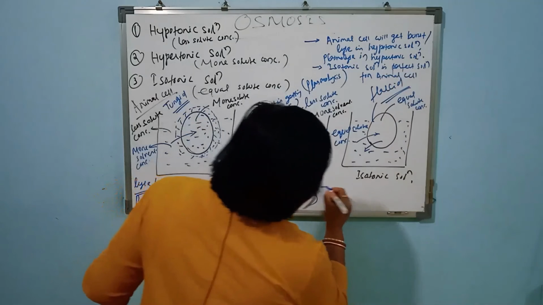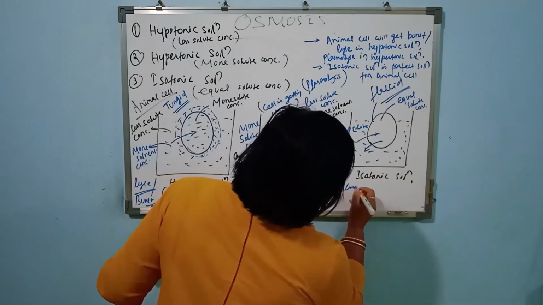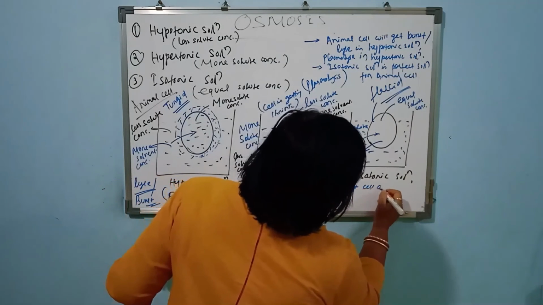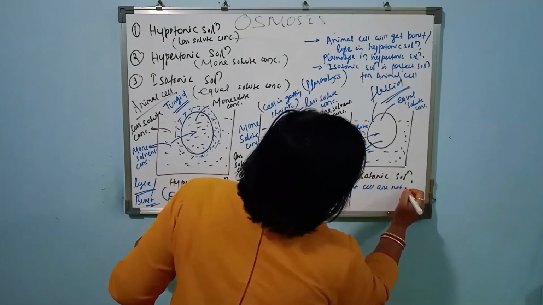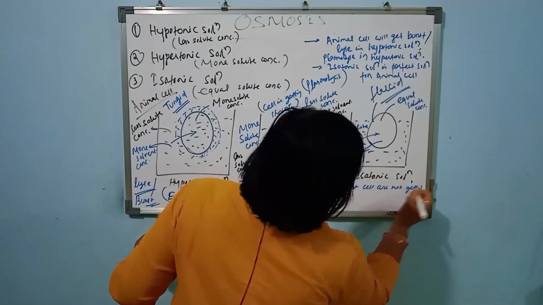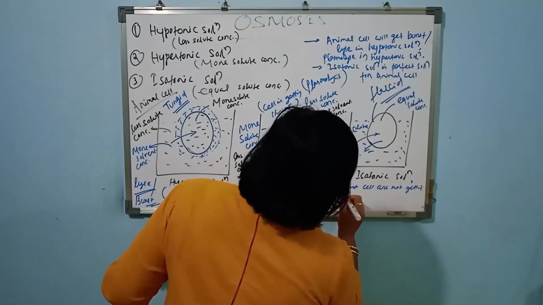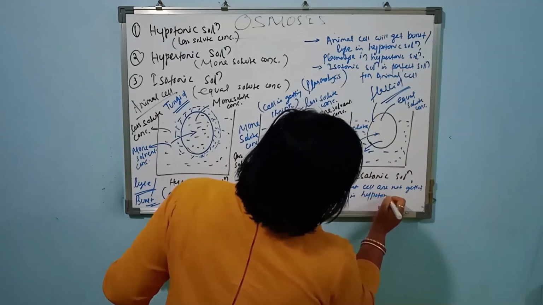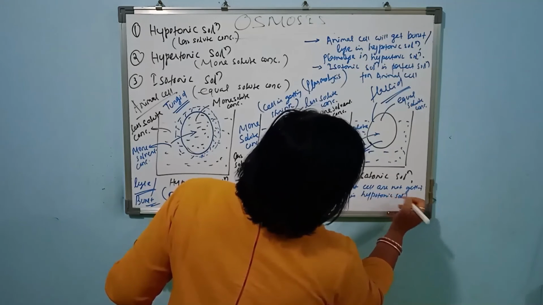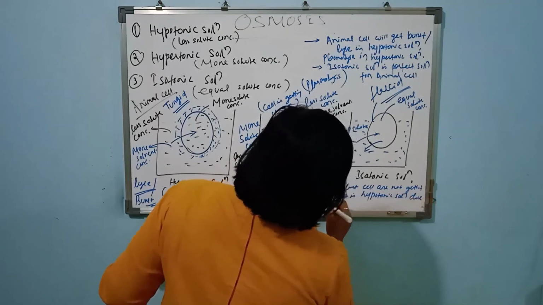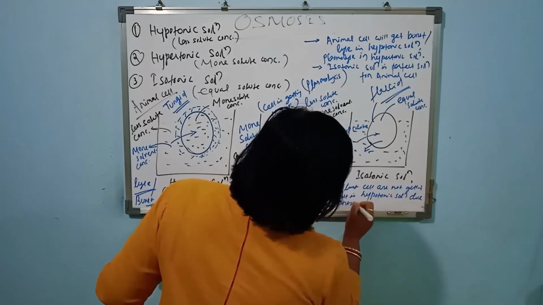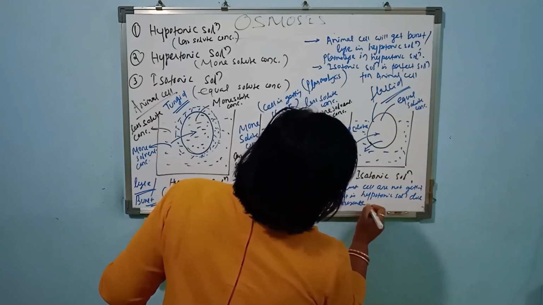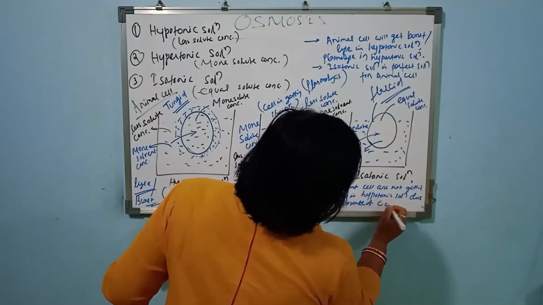But plant cells do not burst in hypotonic solution due to the presence of the cell wall.